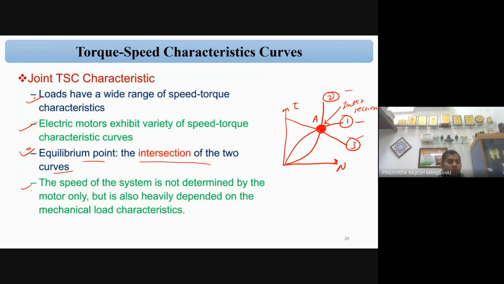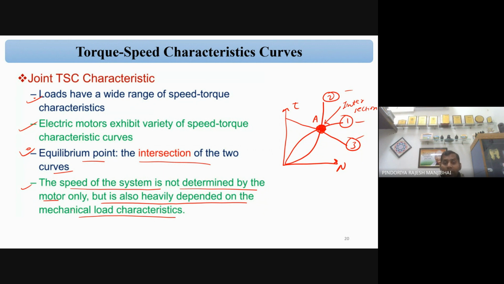And the last one: the speed of the system is not determined by the motor only. This is most important. Then how do we determine it? It also depends heavily on the mechanical load characteristic.